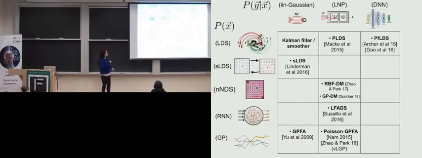Just one more slide to show the comparison in a table form. So these are the literatures that I've just shown, and some people use components from the prior part, and some use components from the probabilistic mapping part, combined to get different models.